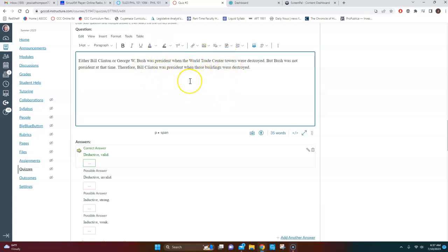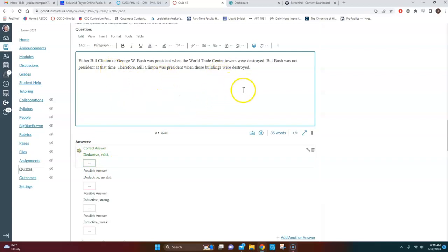As a matter of fact, you should ignore that, because it has nothing to do with validity. Just pretend for a minute that the premises are true. If it was either Clinton or Bush that was president when the towers were destroyed, and if it wasn't Bush, then it must be the case that it was Clinton. Well, yes, that's a valid deductive argument.